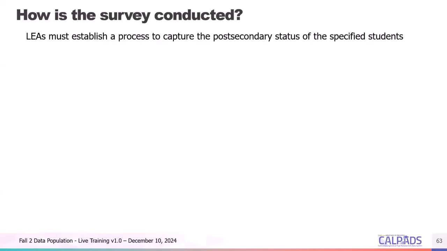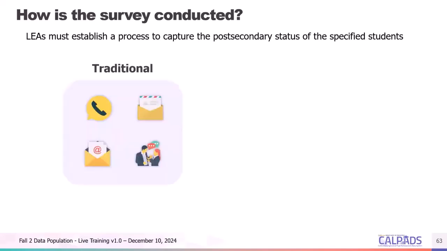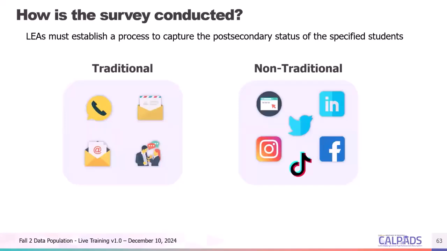So how is this survey conducted? LEAs must establish a process to capture the post-secondary status of the specified students, but the process to capture this is determined locally. In general, LEAs have conducted some type of student survey to capture this data. And again, the student survey template is found on the CDE website.